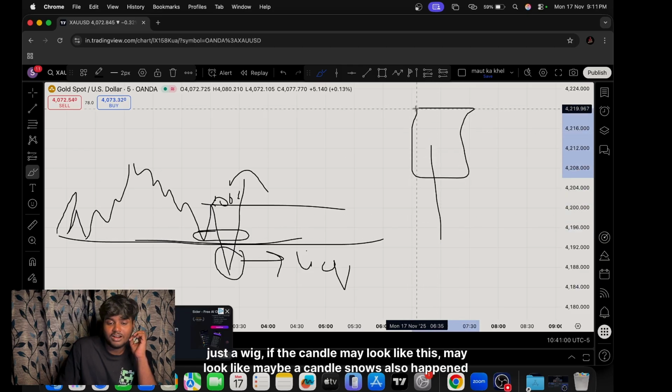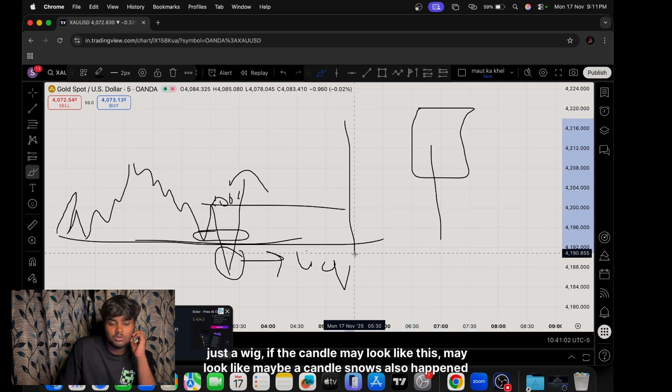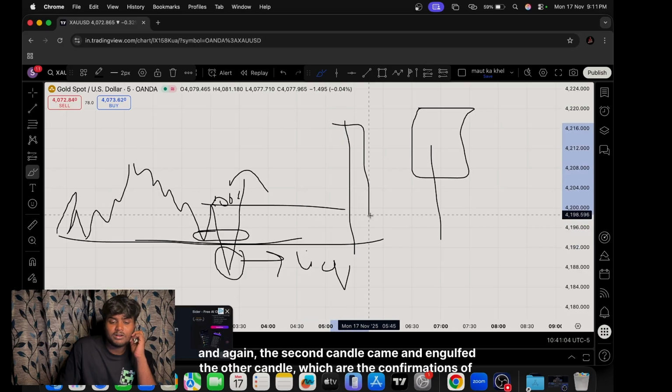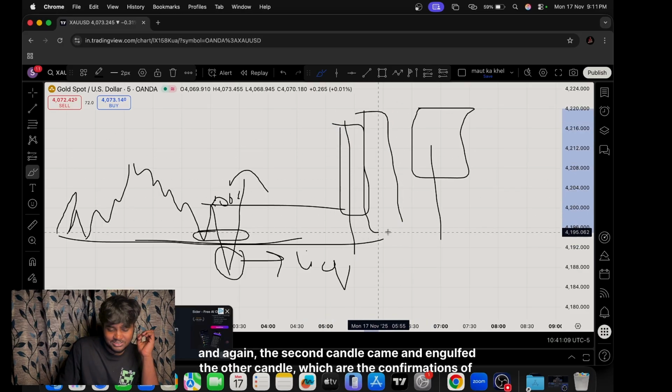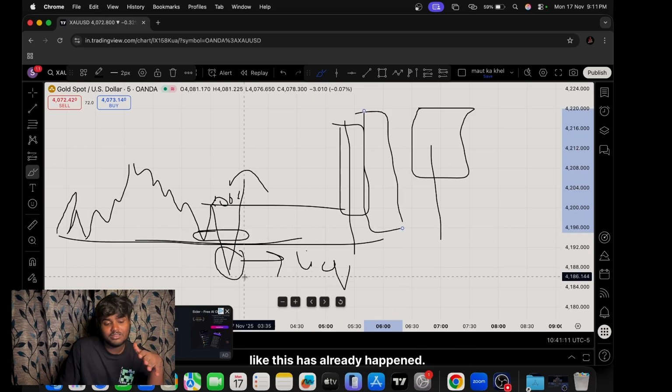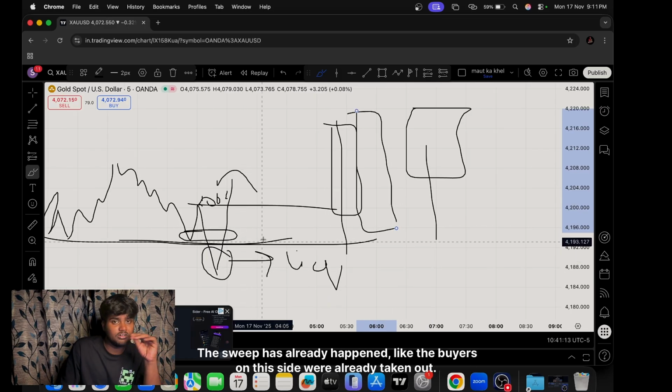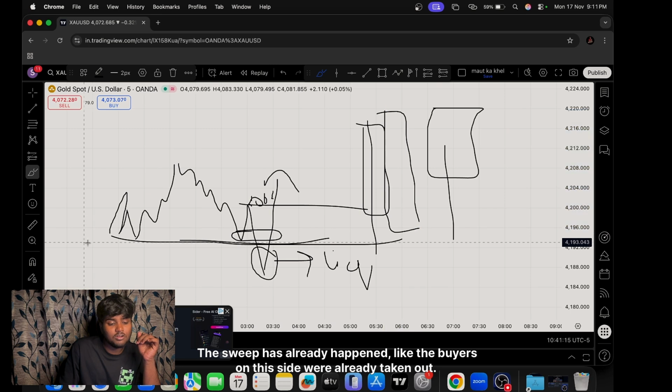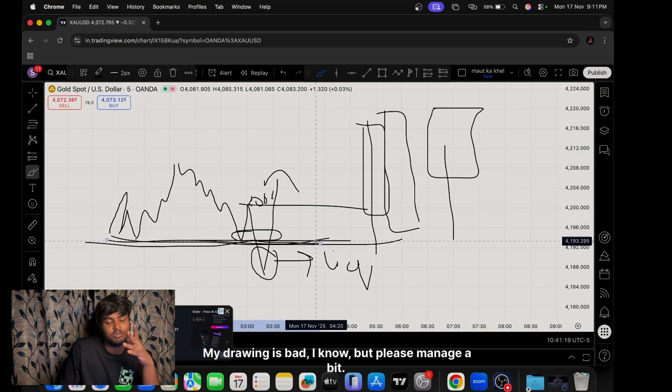The candle may look like this, maybe a candle close also happened, and again the second candle came and engulfed the other candle, which are the confirmations that the sweep already happened, like the buyers on this side were already taken out. My drawing is bad, I know, but please manage a bit.